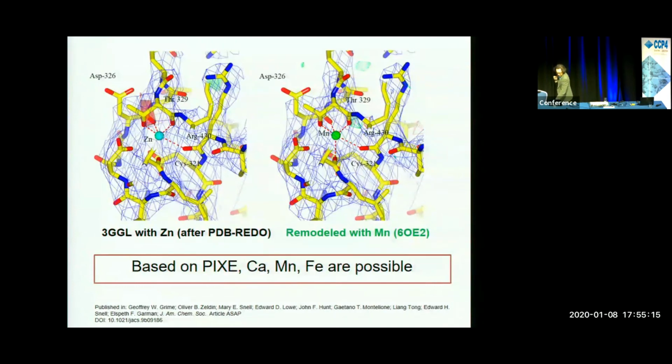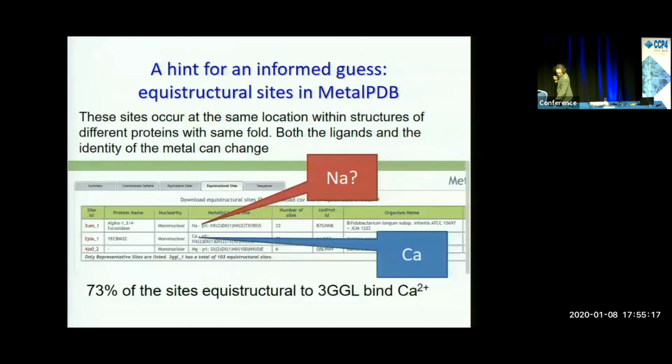So I took this very same family, of course, and I looked at another kind of group or clustering that we have available already from metal PDB, which is a fold comparison. So we take all proteins or structures of proteins with the same fold. We do a regular structure superposition of the fold, and then we check whether we have metal sites occurring at the same position within the fold.